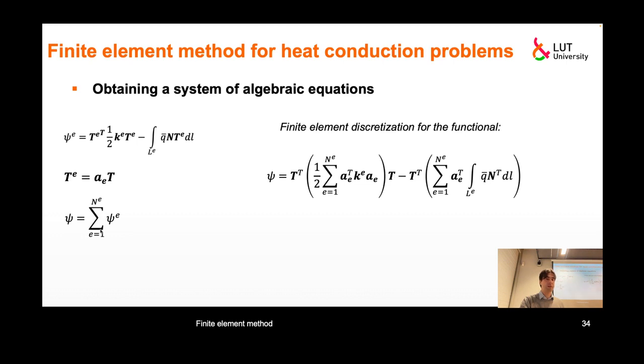So I still have this sum, but I can factor out the global temperature vector and its transpose out of this sum, and inside this sum I have these element conductivity matrices, and I have the matrix which describes how elements are connected. It's sometimes called localization matrix or incidence matrix, but it doesn't matter so much which name you use for it.